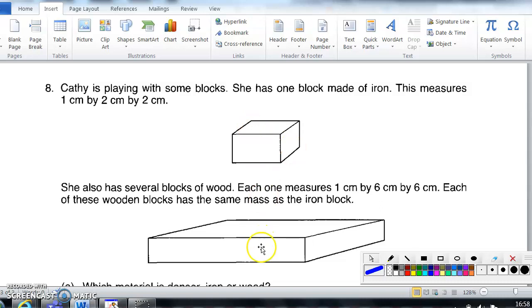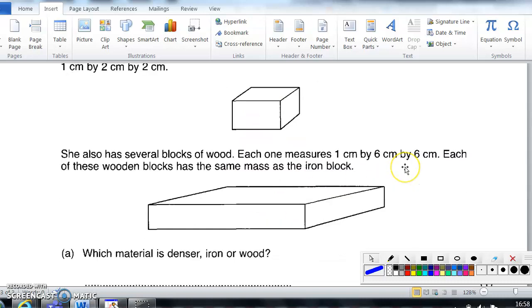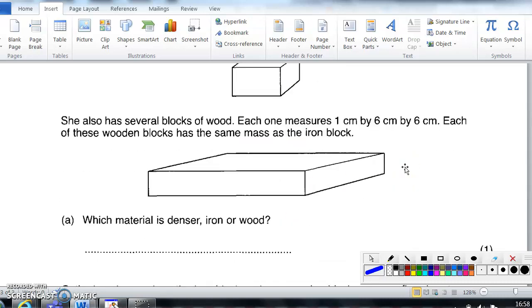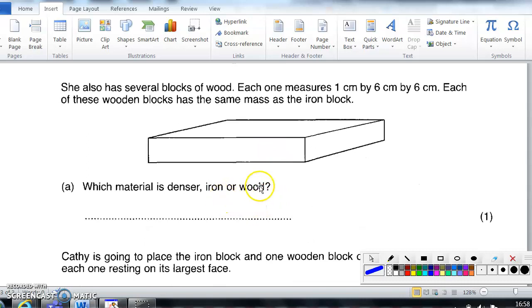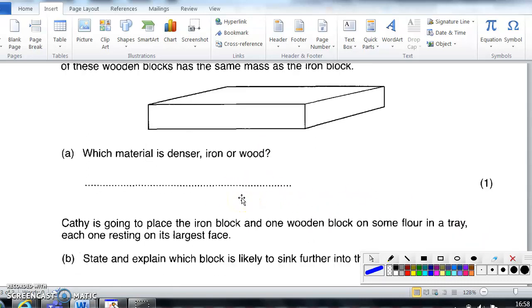First question, which material is denser, iron or wood? Well, this one has the same mass, but it's much more tightly packed. So this one is going to have the highest density. You probably know that yourself. Iron is much denser than wood. It gives you the 2 options. It's 1 mark, so if you don't know, guess.